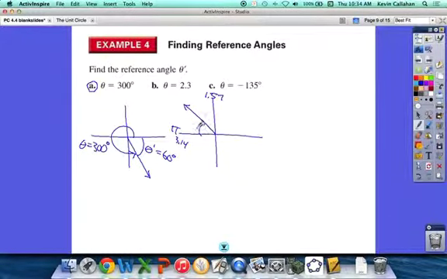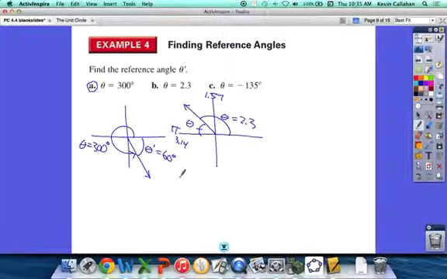So this is the theta prime. So how can I find this angle? Right, this is 2.3. Theta equals 2.3 radians. And this is pi. How do I find this? Subtract. Right, that'll be the difference.